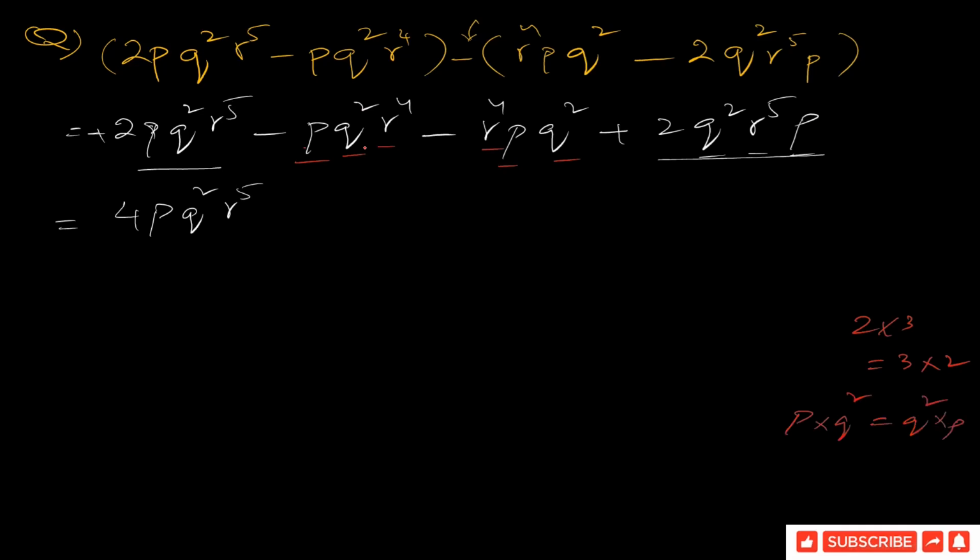So these two are like terms and we can add them, because minus 1 and minus 1 become minus 2pq squared r^4. We can also write it as minus 2r^4 pq squared. It makes no difference. So this is your answer. Now we learn how to multiply.